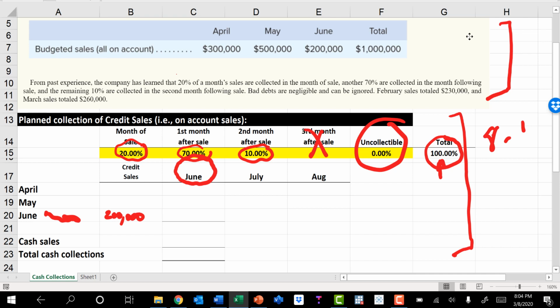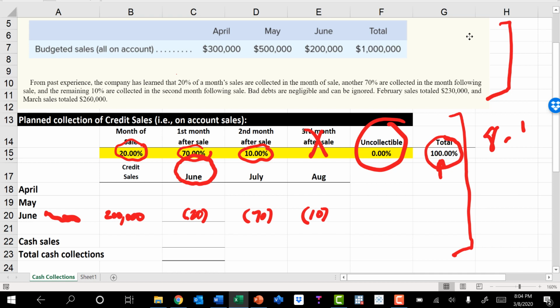At that point, you go in and you put your percentages in. So I would do 20% here. I would do 70% that I'm going to collect in July. Why? Because July is the first month after June. And then I would collect that last 10% of June out here in August, because August is the second month after.